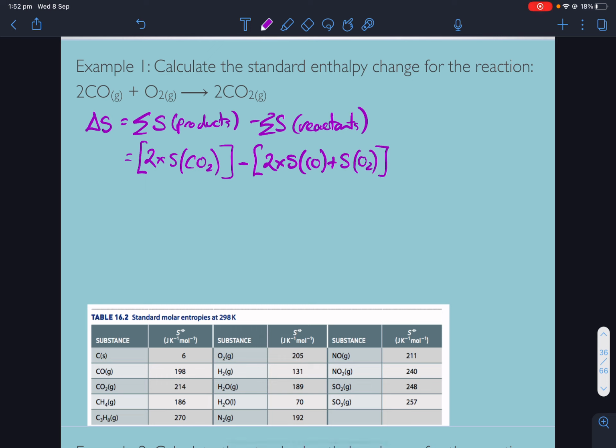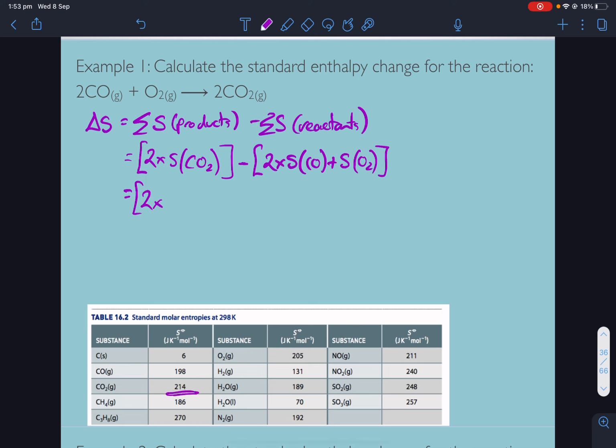Okay, remember back how we had the heat of formation stuff and we had some 0 values in there? We don't really have any of those now. They'll all be given to you in a question. So we just need to find them on our table. So 2 times, well, what's the entropy of CO2?